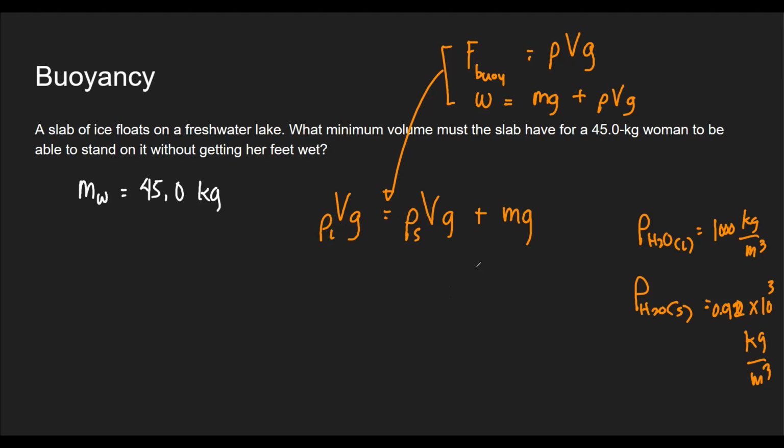And rewriting it to get the volume, the volume is equal to m over rho liquid minus rho solid. It'll give us 45 kg all over 1,000 minus 0.92 times 10 cubed.